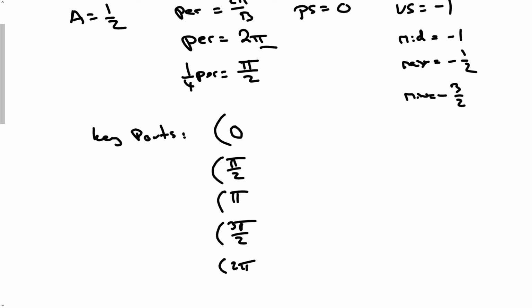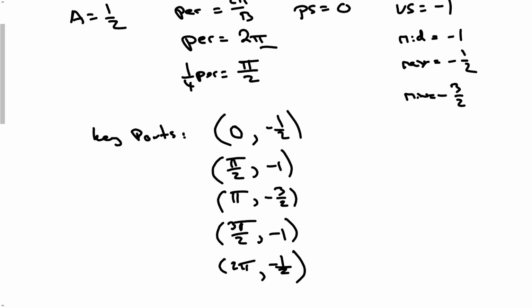It starts at the max, then it goes to the middle, then it goes to the minimum, then back to the middle, and finally to the maximum. And now we have our 5 key points.